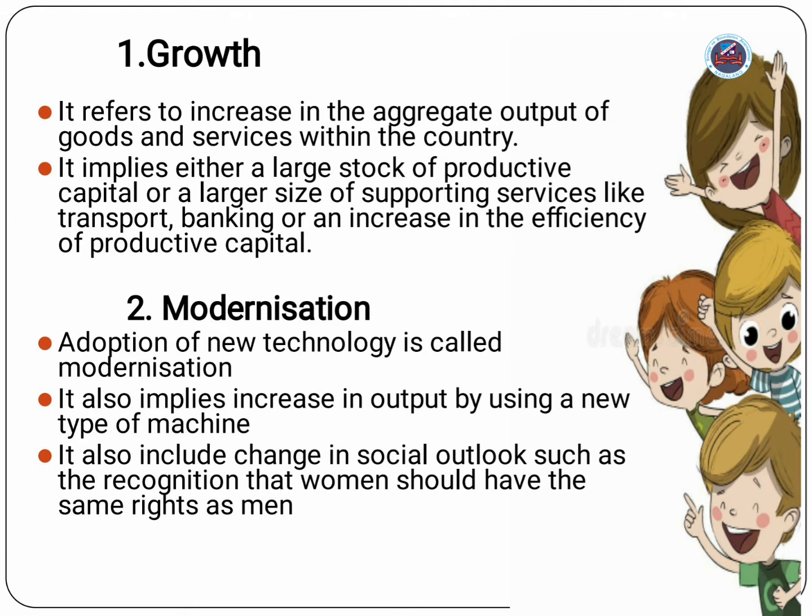Now, let us learn what growth means in the goals of the 5-year plan. Growth simply refers to the increase in the country's capacity to produce the output of goods and services within the country. In other words, it implies that there should be a larger stock of productive capital.